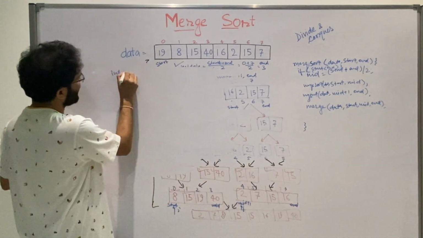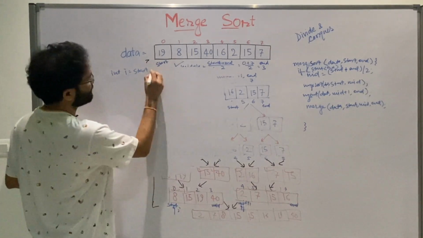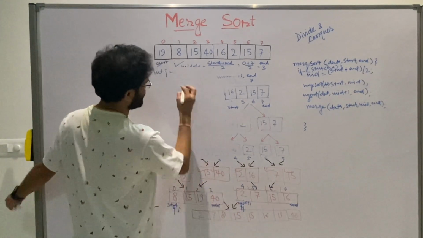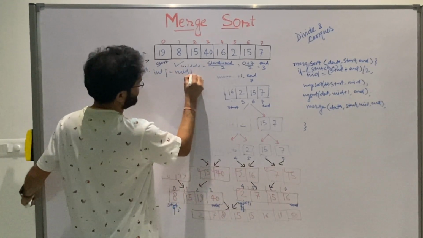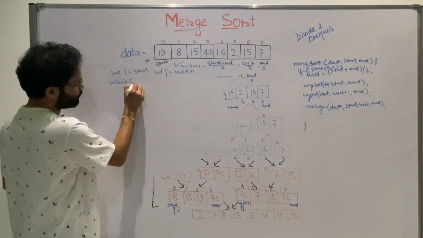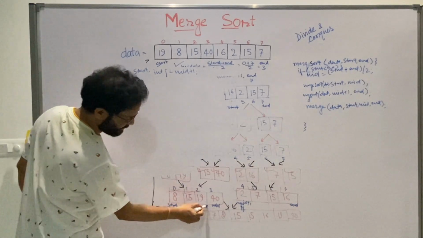So i means start, it will start from here, and j would be mid plus 1, right? You have to move this array till i reaches the mid.